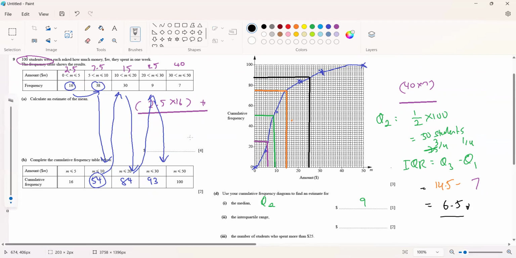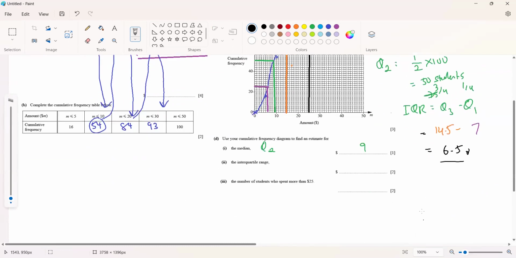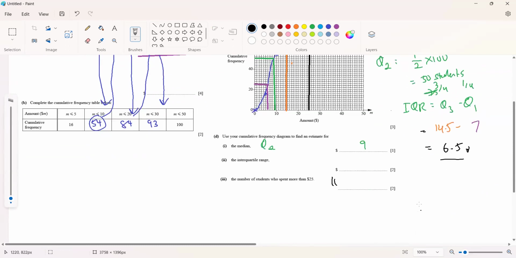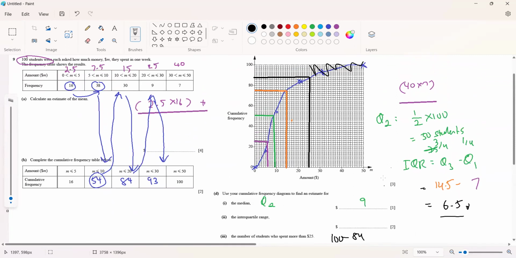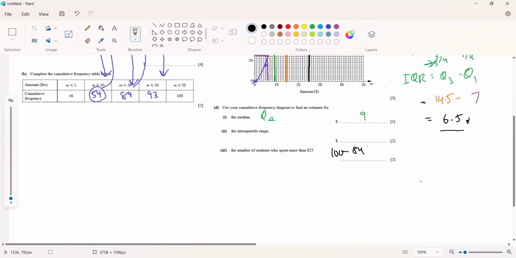So our number of students who spend more than 25 is here, right? So that is basically 100 minus 88, which is 12 students. So 12 students spend more than $25 in this case.